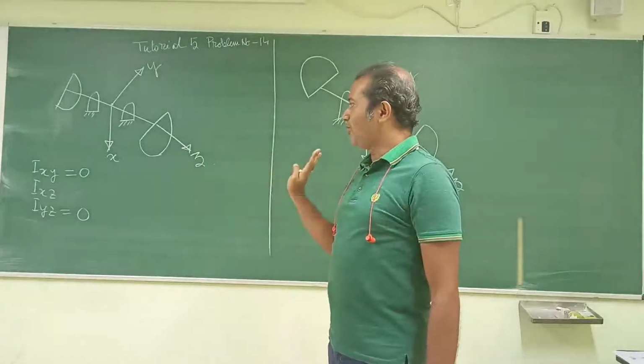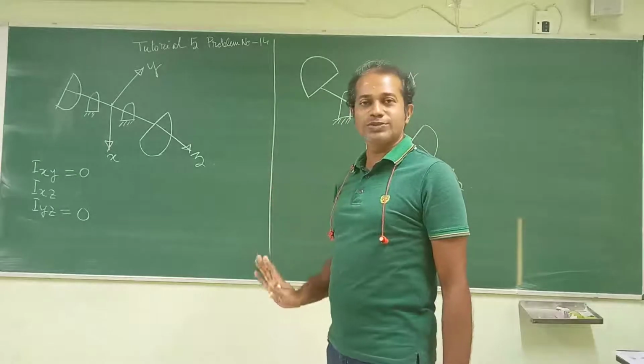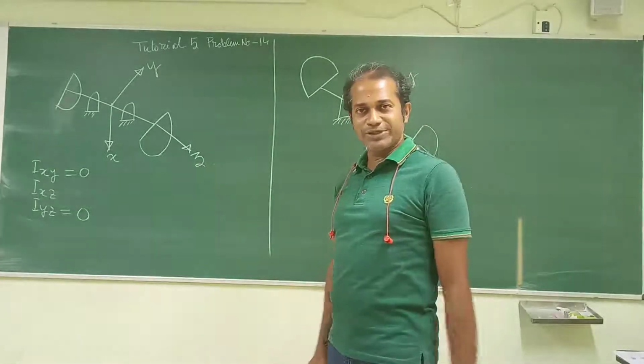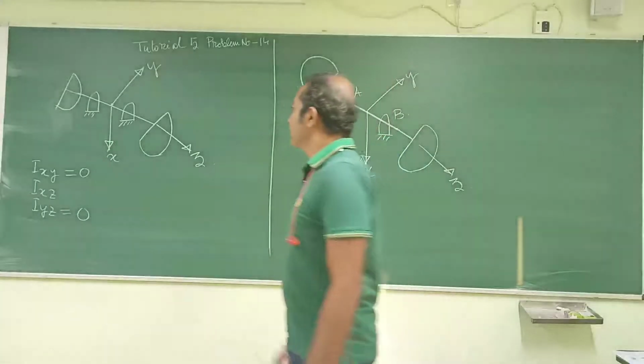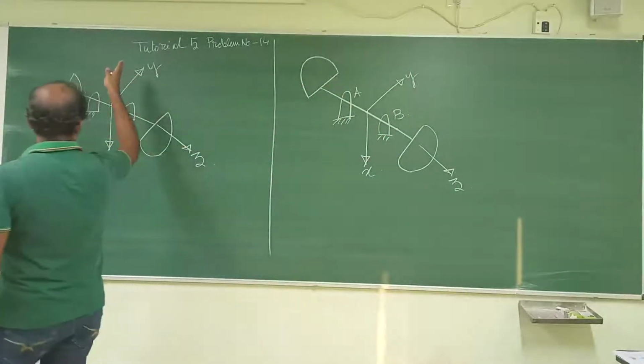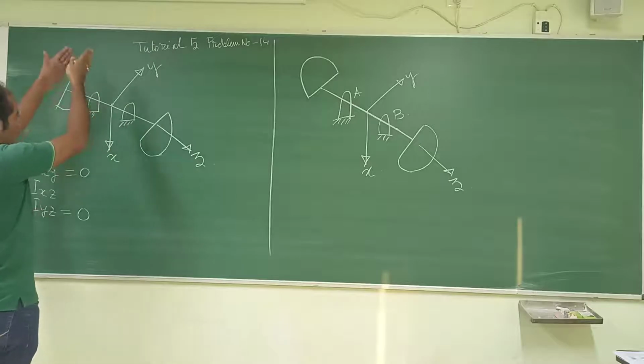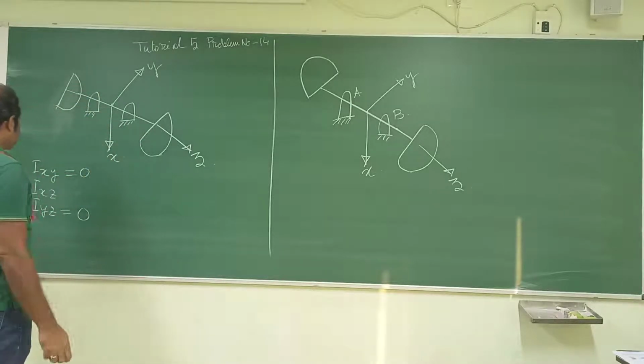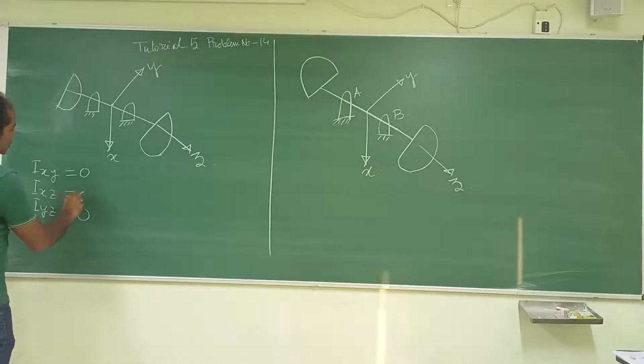Okay, so Iyz and Ixy are going to be 0. Now, is there any other plane of symmetry? Yeah, of course there is. That plane of symmetry is xy. If you cut it with the xy plane, you are going to get two identical sections. So Ixz is going to be 0.